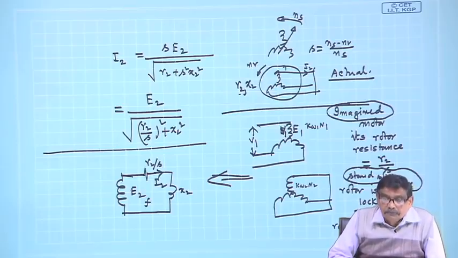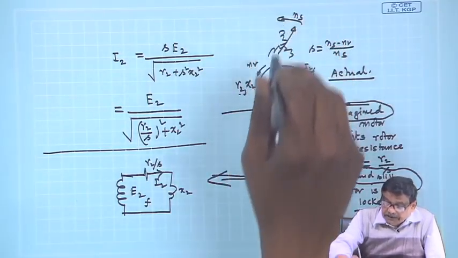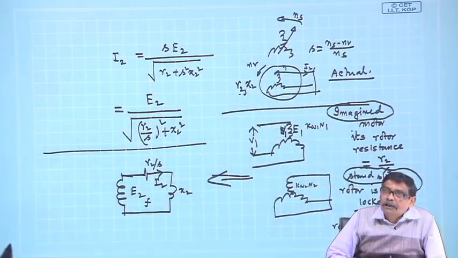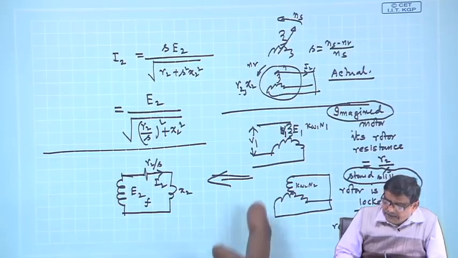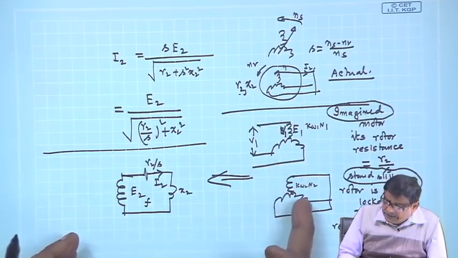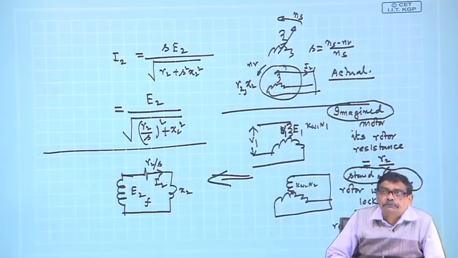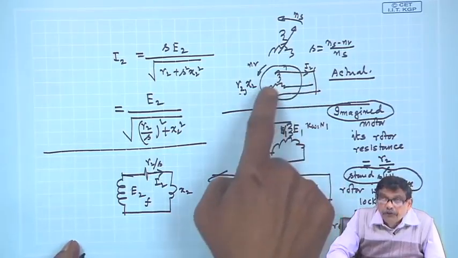Now, the most important point: somebody sitting on the stator of this standstill machine will not be able to distinguish whether it is a standstill machine with this parameter or a rotating machine with R2 and X2. They will never be able to distinguish, because the same current is flowing.